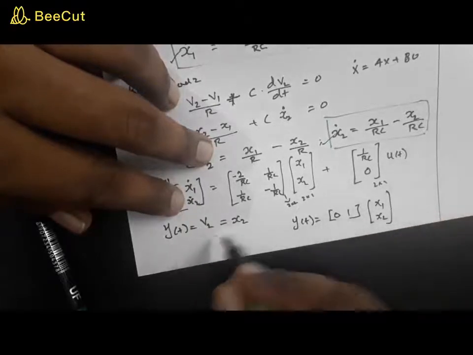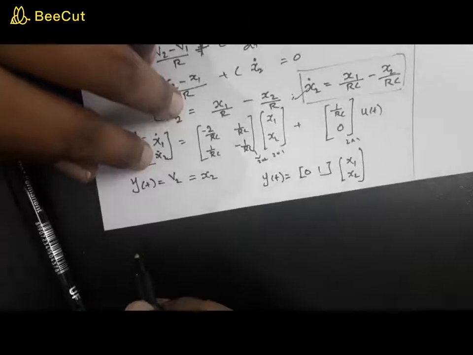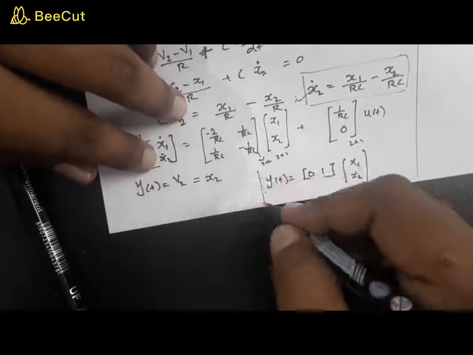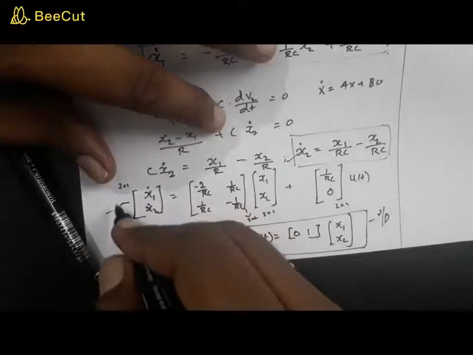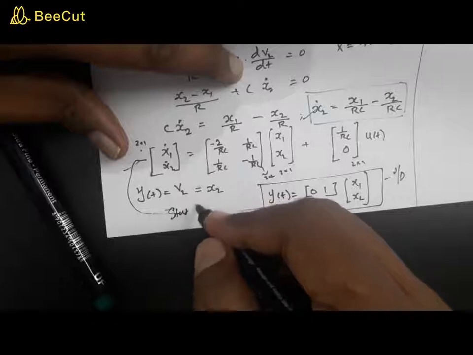When you perform this, you will get y of t is equal to x2. So this is your output equation, and this matrix equation and the output equation form the state model of the circuit.